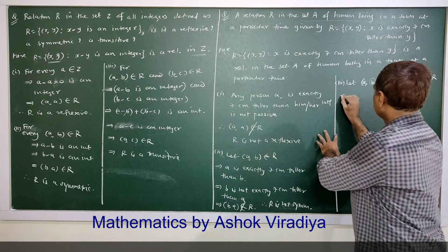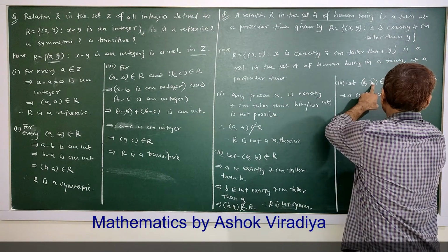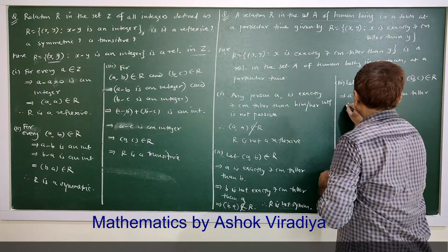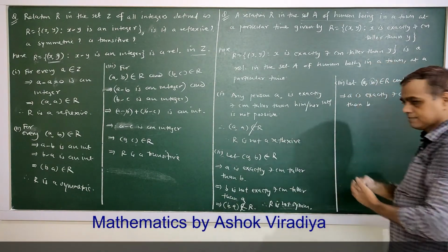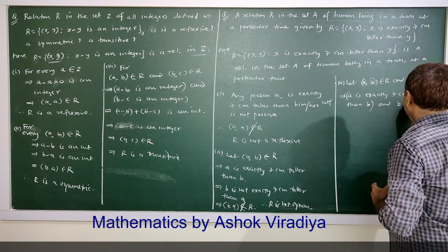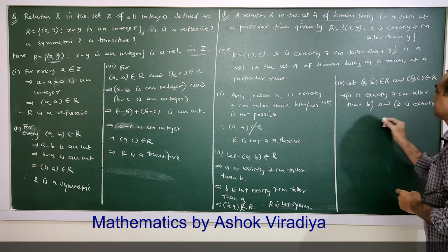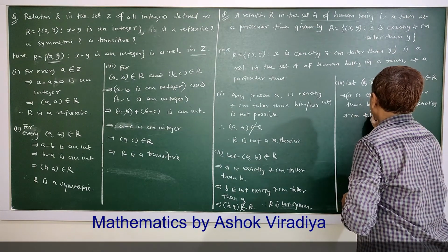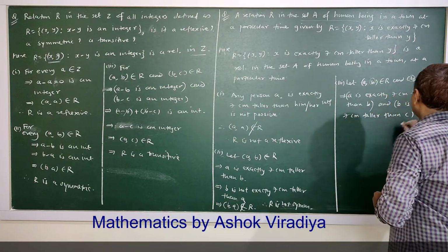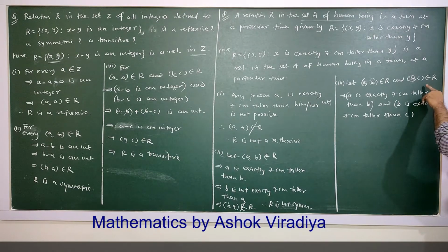This means that A is exactly 7 centimeter taller than B, and B is exactly 7 centimeter taller than C. A is taller than B, B is taller than C, each by 7 centimeter.